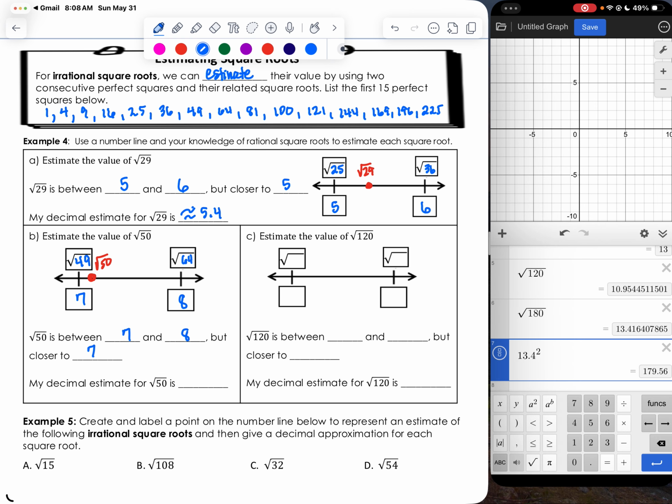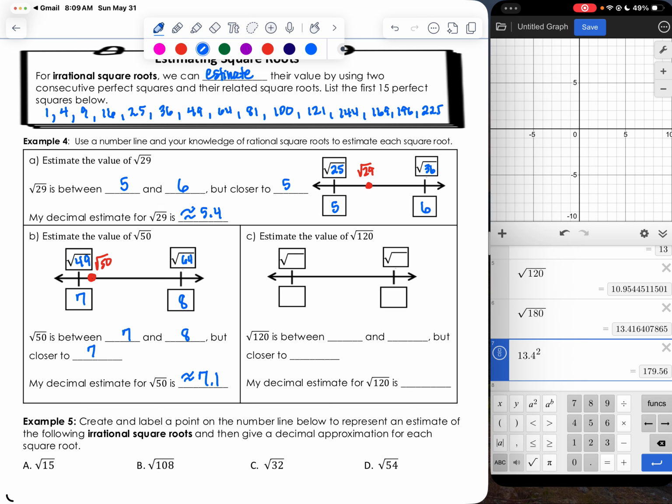So we're going to approximate that. Since it's only 1 unit away from square root 49, I'm going to say it's very close to 7. So maybe something like 7.1. All right, that's my estimate for square root 50. All right, problem C. I want you to pause the video and try this problem on your own.